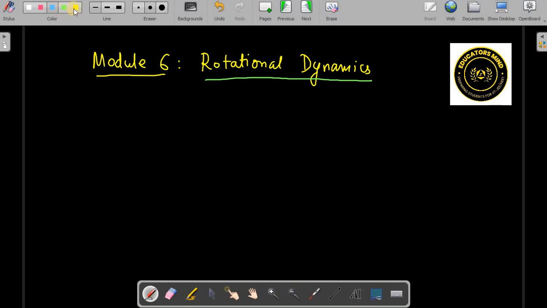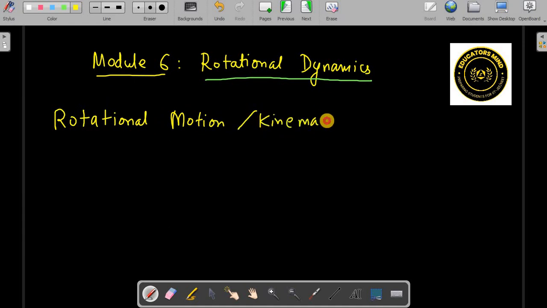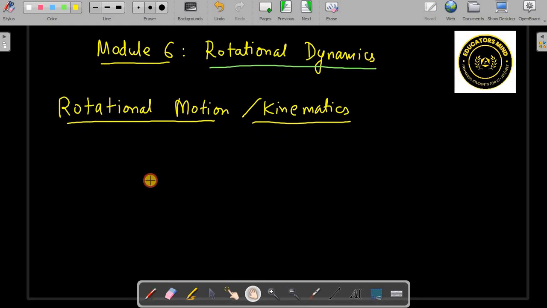So let's start first with rotational motion, which we see as rotational kinematics, the kinematics part. In rotational motion, what are the important things that we are going to discuss? Let us understand.